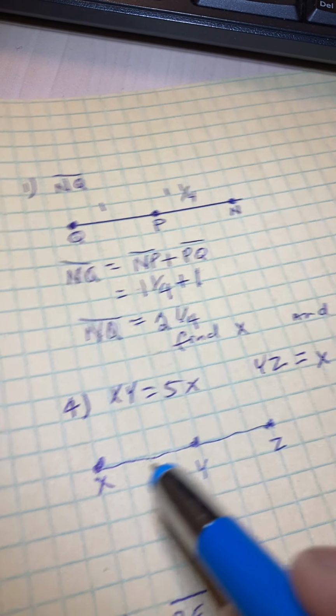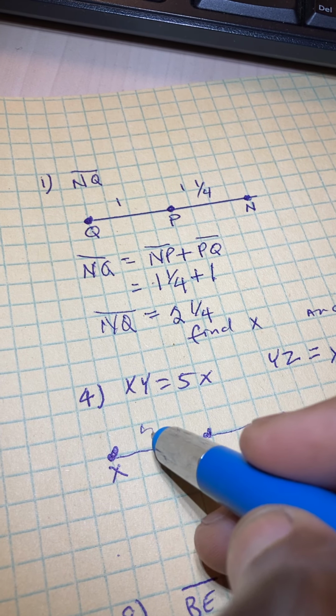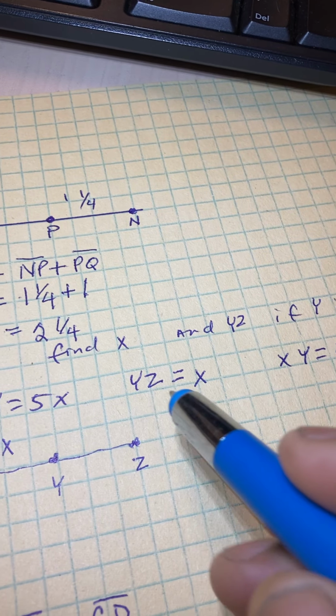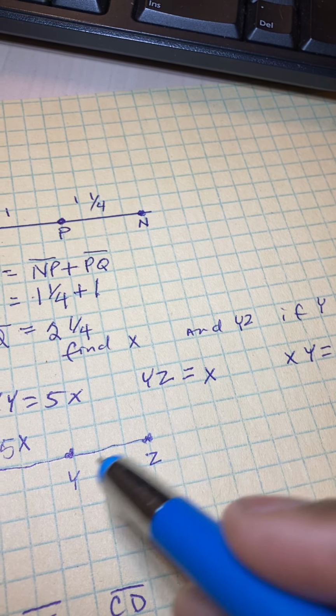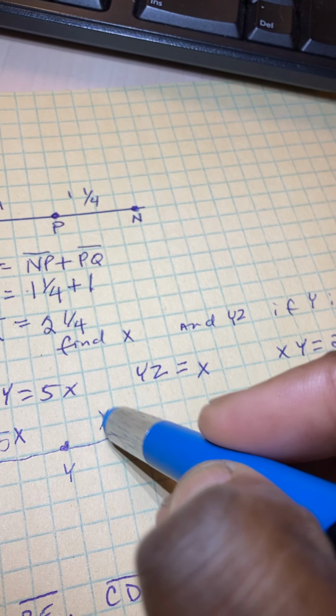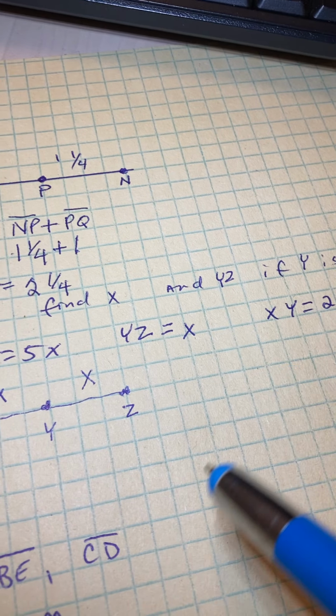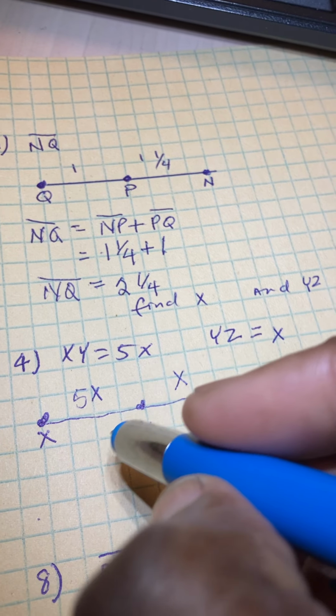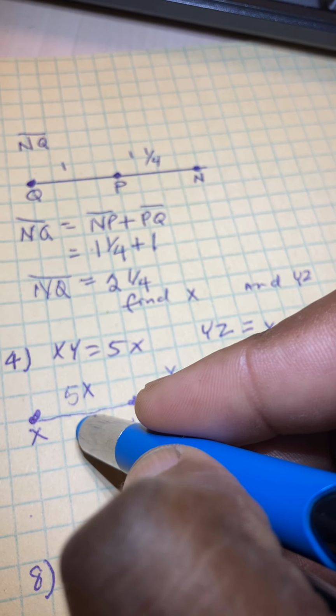And XY is 5X. And YZ is equal to X. So I'm going to put an X right here. Okay? And it says XY is 25. This is 25.